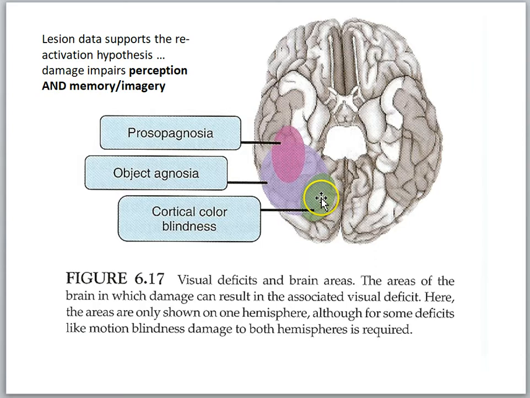So we have the deficit in the memory, in the imagery. And likewise, with damage to this region of the brain, people have trouble recognizing objects. They also have difficulty imagining objects. And likewise with faces, difficulty perceiving faces, also difficulty imagining faces. So the lesion data supports the reactivation hypothesis. Lesions interfere with perception, but also interfere with imagery, which is an aspect of memory.